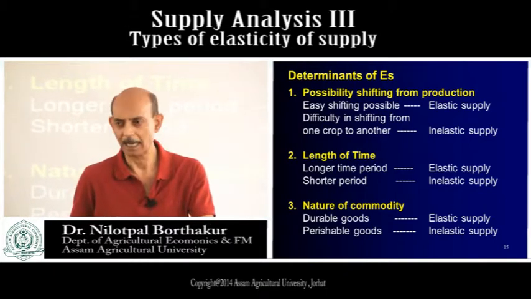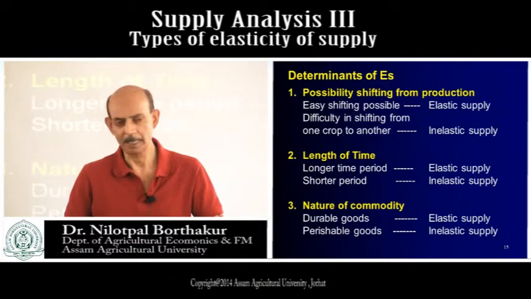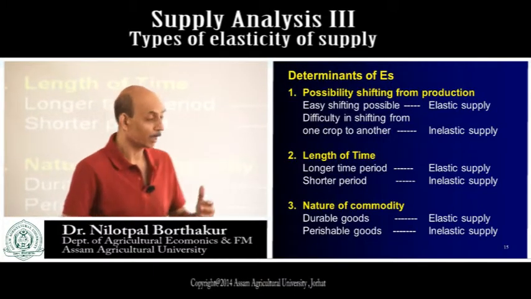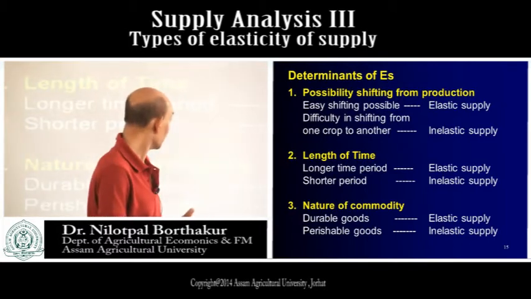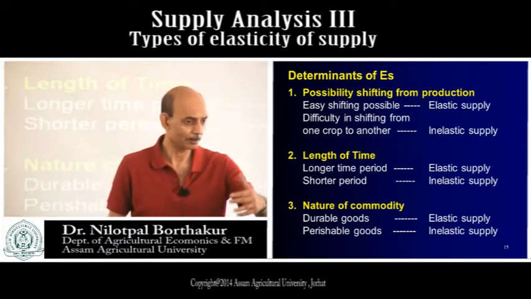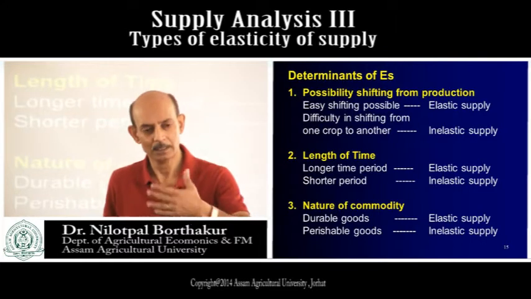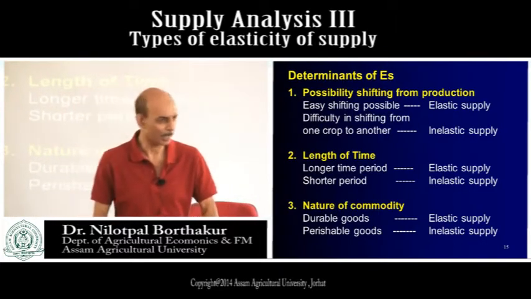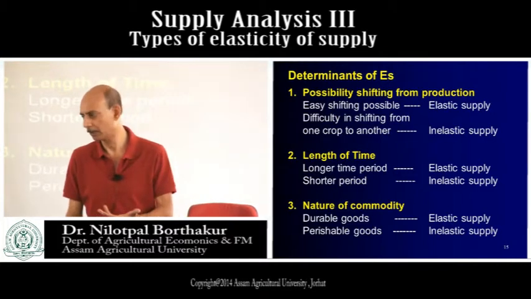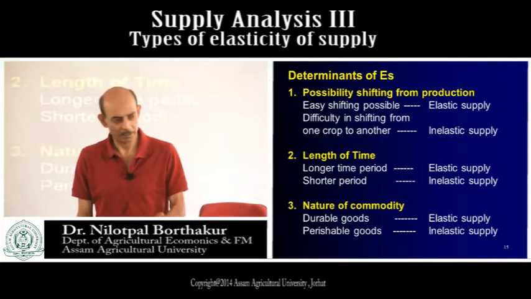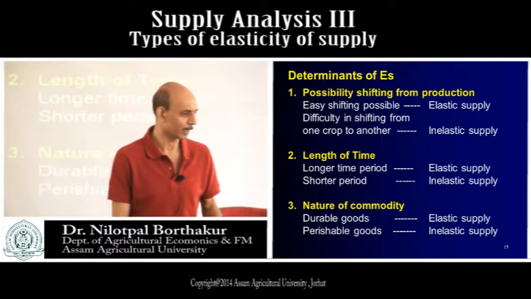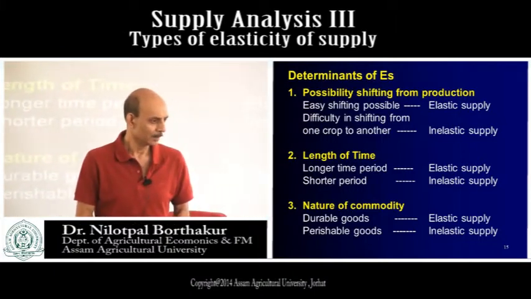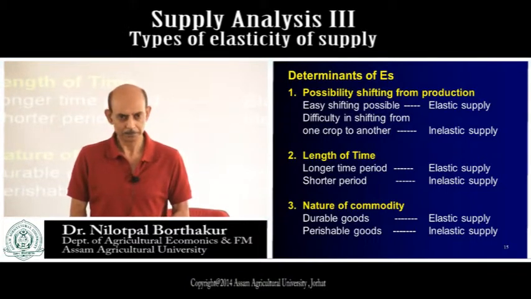It requires some time to produce. So if the length of time available is more, supply can be increased. But in a short period of time, if we demand increased supply, this is not possible. This will become inelastic. In a short period of time, we cannot produce agricultural products. But in the case of manufactured products, sometimes it is possible.